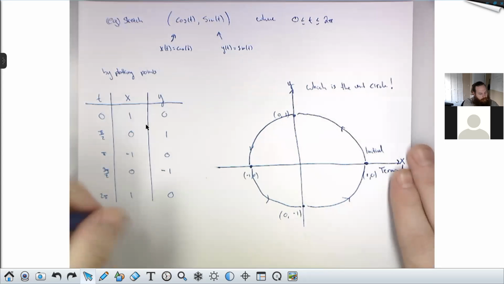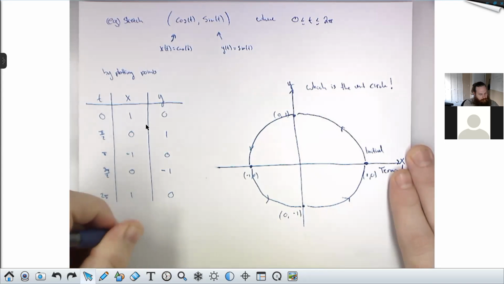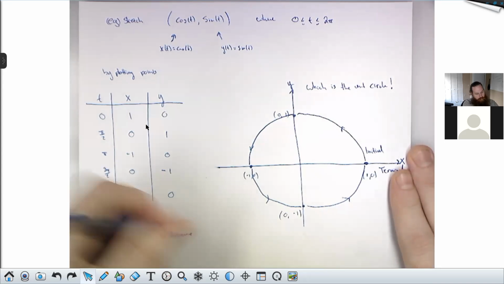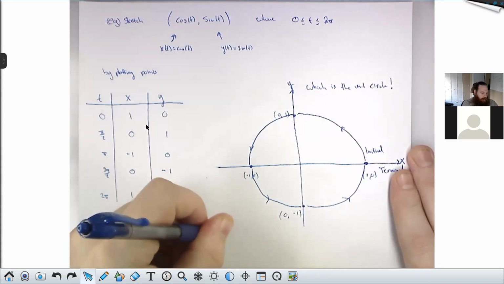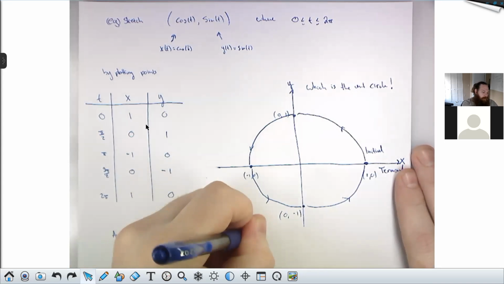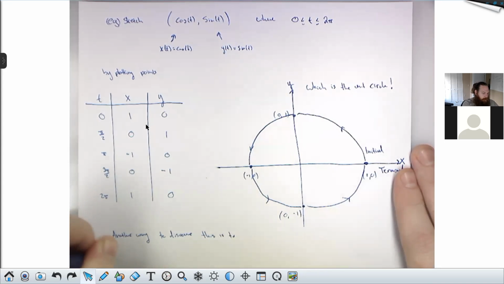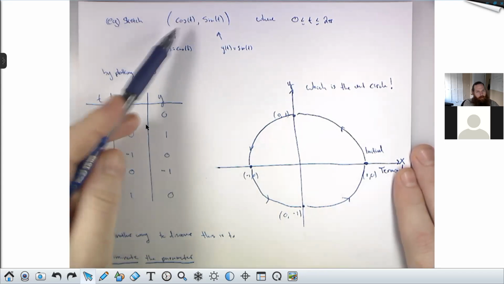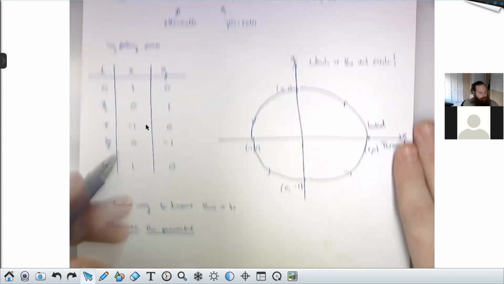But another way to do this, another way to discover this, is to do something called eliminating the parameter. That's where you do some amount of algebra with these things until the t's go away.